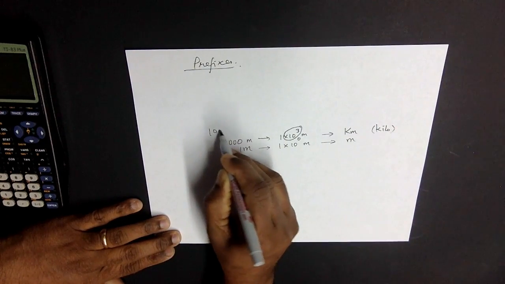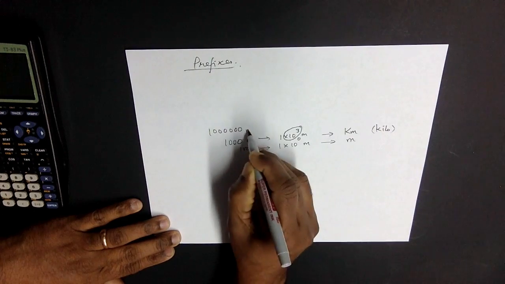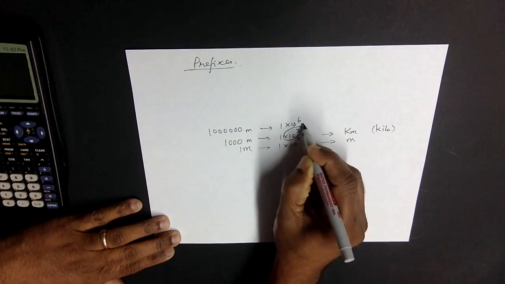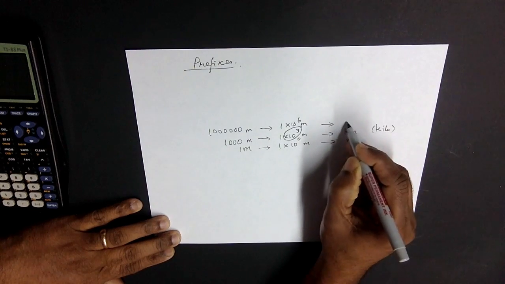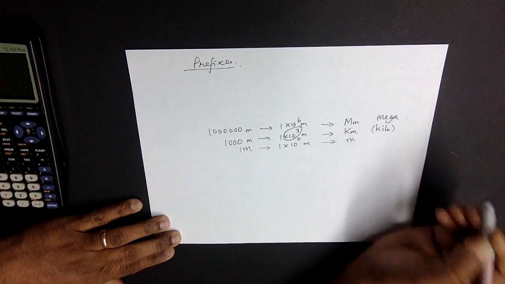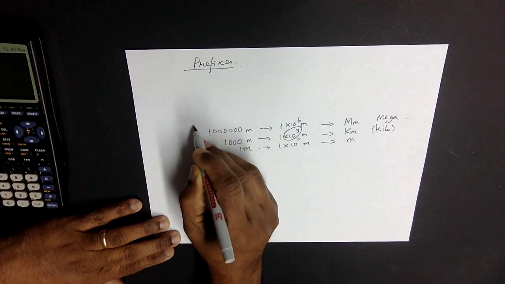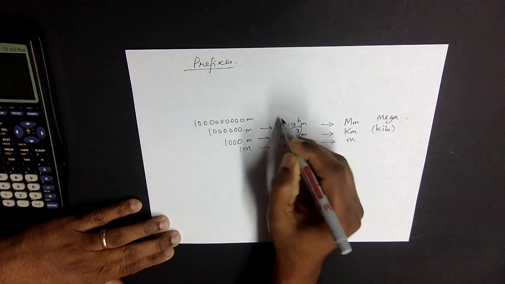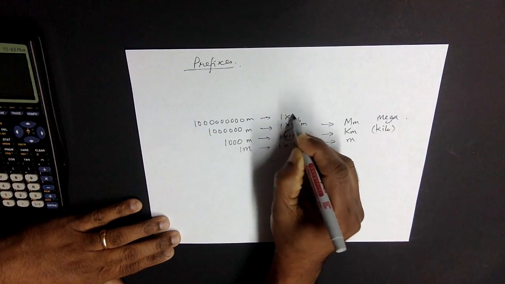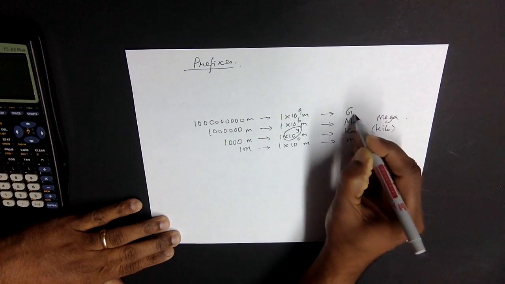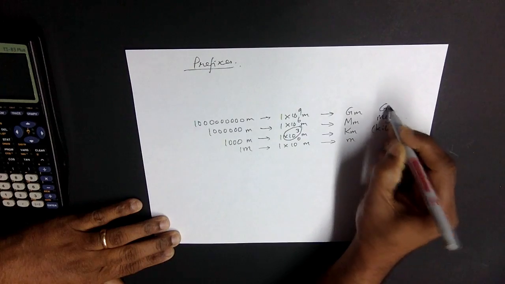Now, if the number is bigger, you write 1 times 10 to the power of 6 meters, and we call that a megameter. If your number is bigger, this is 1 times 10 to the power of 9 meters, and that's giga.